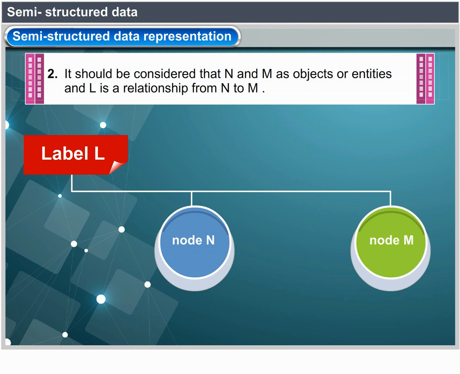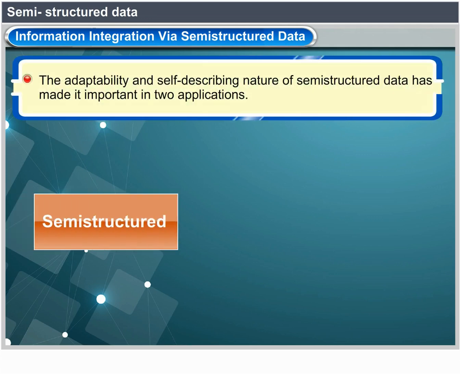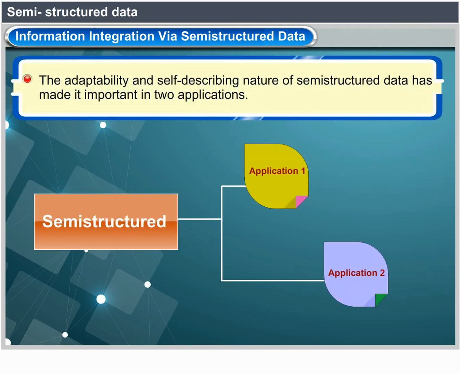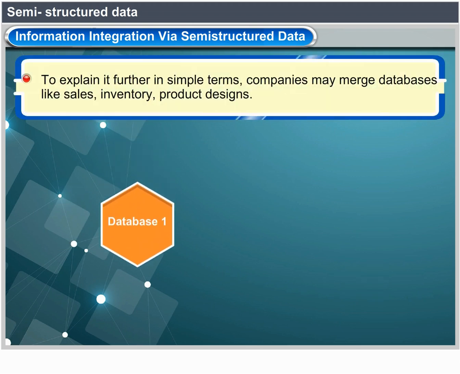Information integration via semi-structured data. The flexibility and self-describing nature of semi-structured data has made it important in two applications. As databases have proliferated, it has become a common requirement that data in two or more of them be accessible as if they were one database.